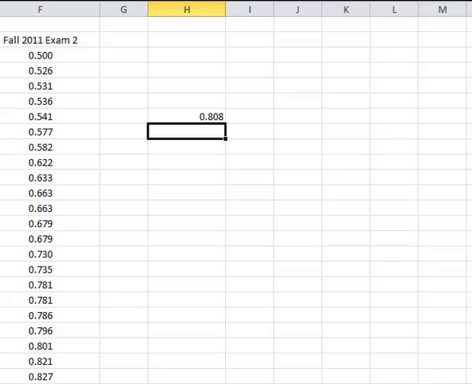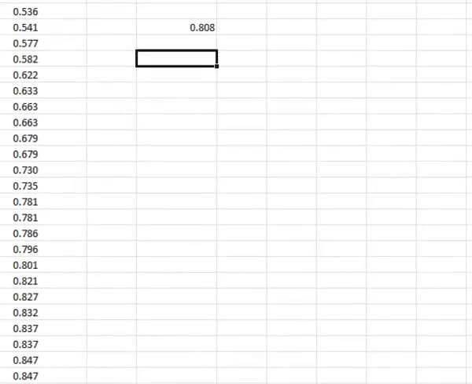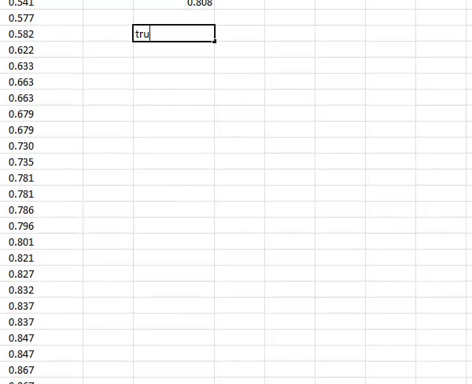So if I'm saying the true average is 80%, certainly this value is right where it should be. So in fact, I got very close to where I thought I should be getting.